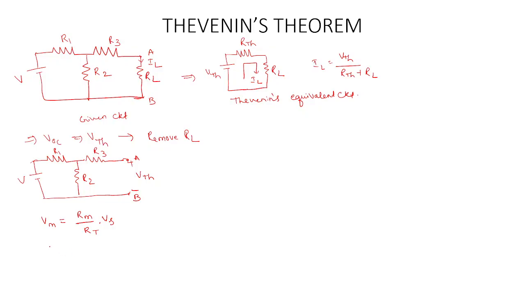V Thevenin is equal to R2 by R1 plus R2, the total resistance, because here it is infinite. So the remaining resistance is R1 plus R2, into the voltage V. So V Thevenin is obtained.